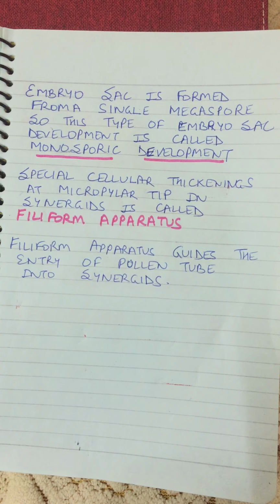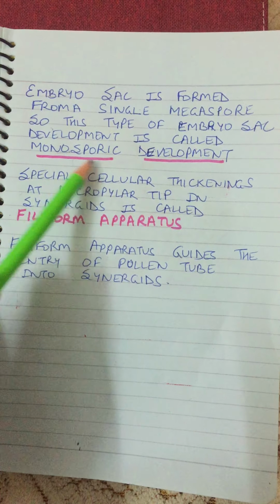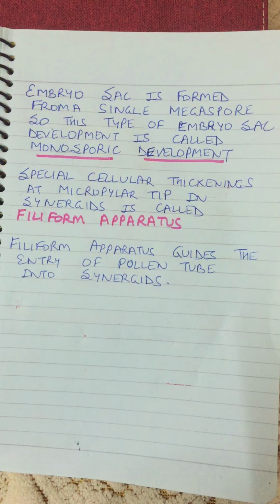Here the embryo sac formation occurs from a single megaspore, so the development of the embryo sac is also called monosporic development. Monosporic development of the embryo sac means the embryo sac has developed from a single megaspore. 3 megaspores degenerate. Only 1 functional megaspore forms the embryo sac.